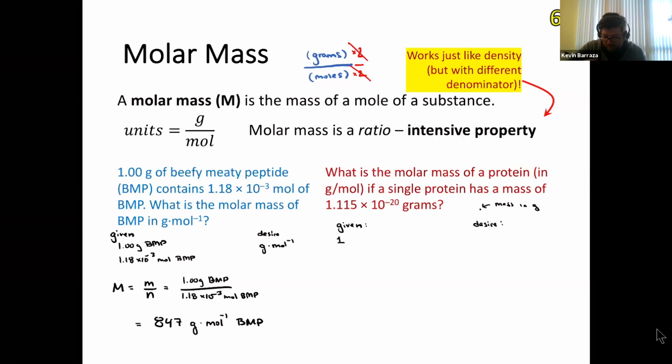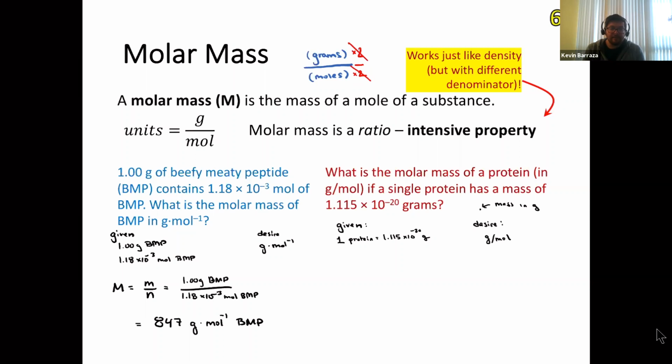I have one protein equals 1.115 times 10 to the minus 20 grams. I desire the molar mass in grams per mole. Again, I use the units to guide me.